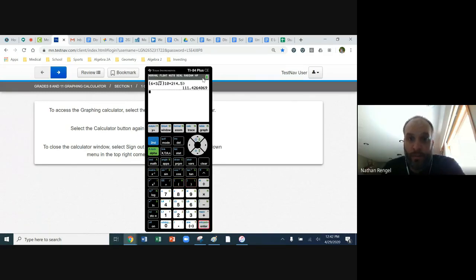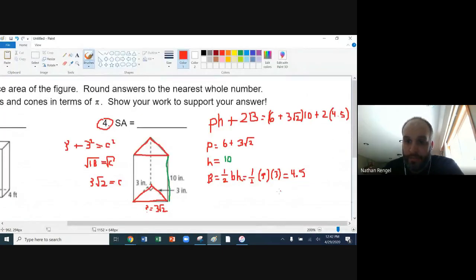All in all, we're going to get 111.4, and we're going to round that down to just 111, since it said round to the nearest whole number. I ran out of room up there, but I can just put it in this blank here. Our surface area is going to be 111 inches squared, since we're still dealing with area. So there would be our final result.